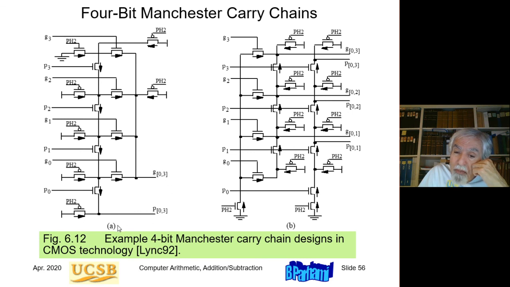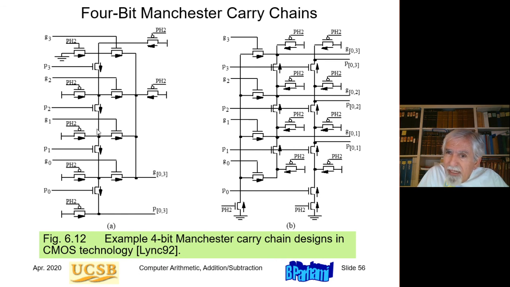So I call this the Type A Manchester carry chain. By the way, this design comes from an actual adder designed for a microprocessor and introduced in this reference, Lin C92. It's a 1992 paper. So I've grabbed these designs from that particular paper, and that was an AMD microprocessor.